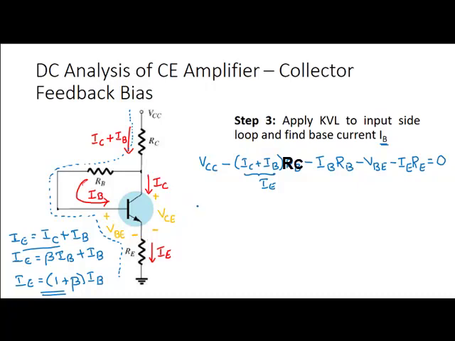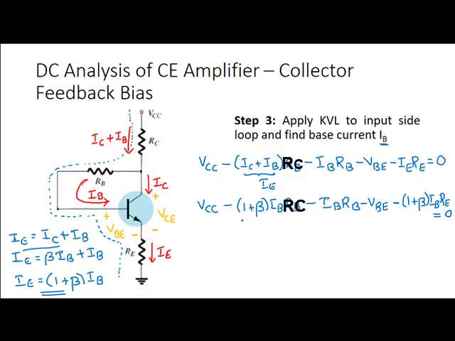So let me rewrite the KVL expression once again. We have VCC minus IC plus IB, which is nothing but IE, which can be rewritten as 1 plus beta times IB, into RC, minus IB RB, minus VBE. Again we have IE, which can be written as 1 plus beta times IB, RE, is equal to 0.